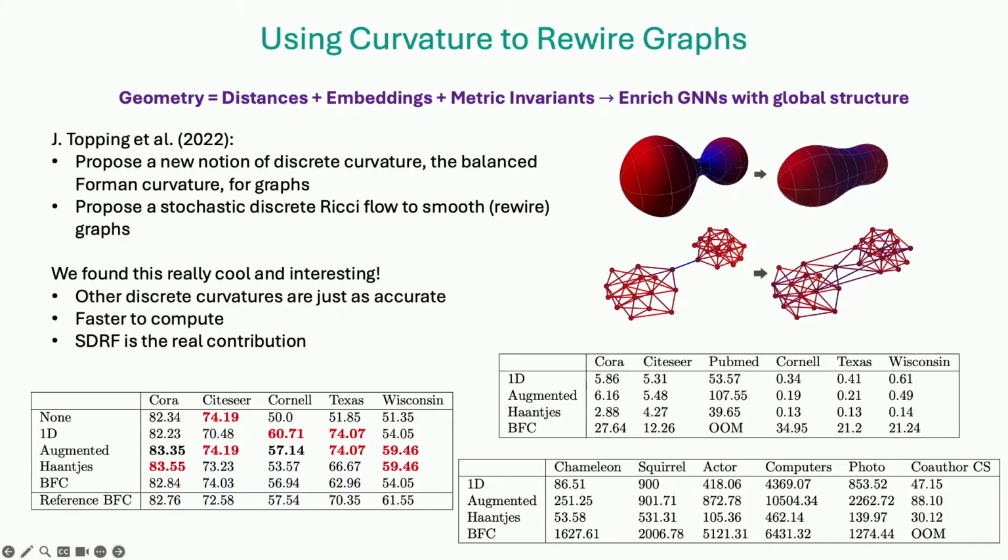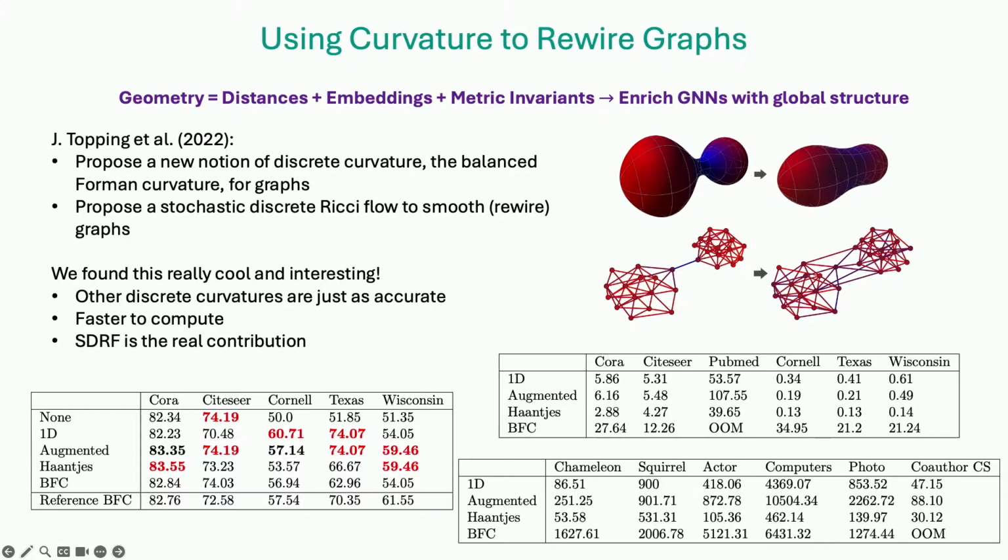We tested it in this problem of graph rewiring, and on this left table, in terms of accuracy on the node classification task, it's just as accurate as the new balanced Forman curvature that they proposed. So it's on par in terms of accuracy, but much, much faster to compute.